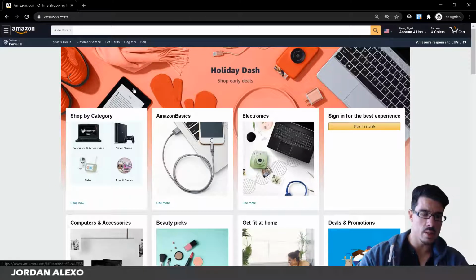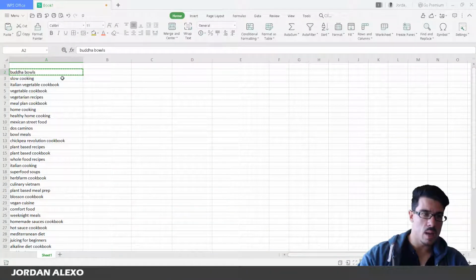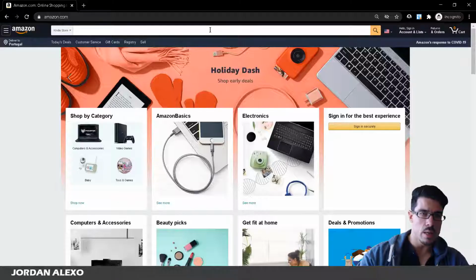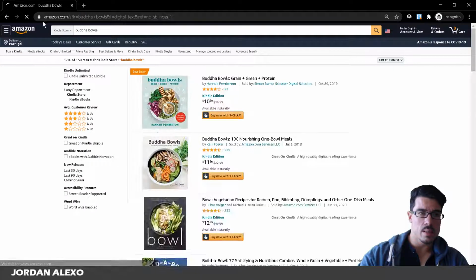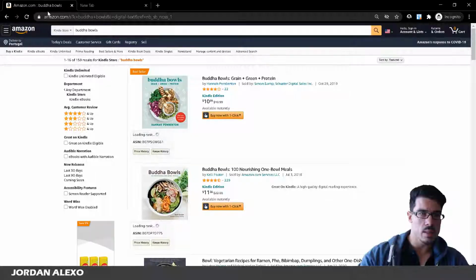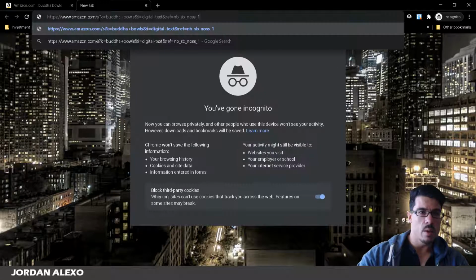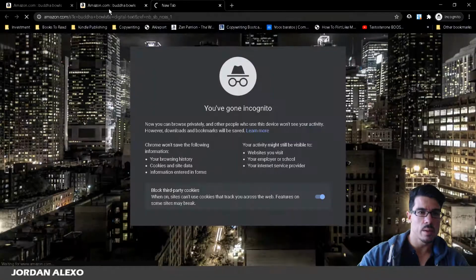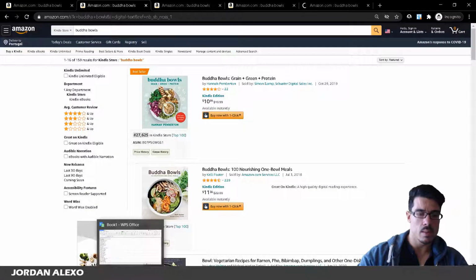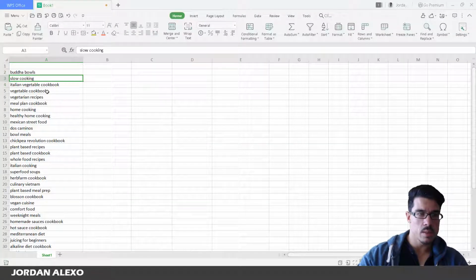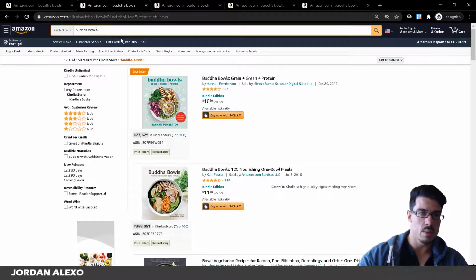So let's go to Kindle and copy this first keyword. Go here and make sure that you are in the Kindle store, and let's analyze this. Let's open another one over here, another one, and another one. I'm not sure if I'm going to do five keywords. Let's see. I'm going to put in slow cooking, which is the next keyword.